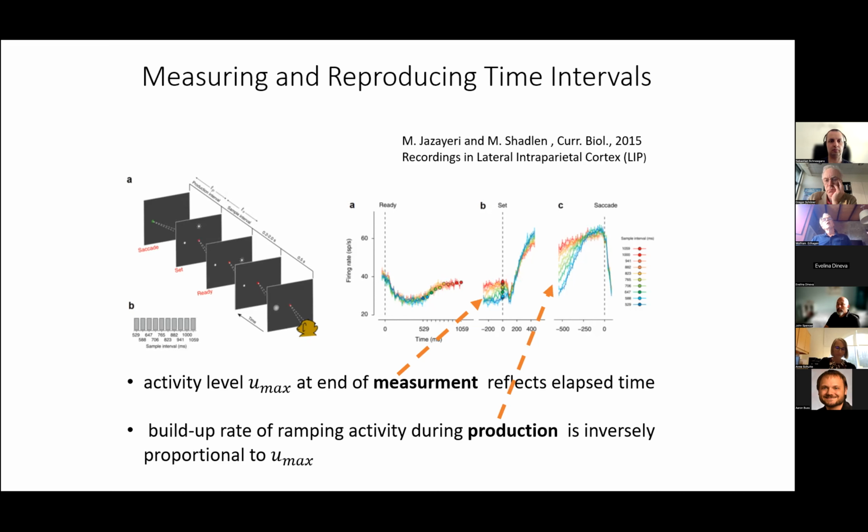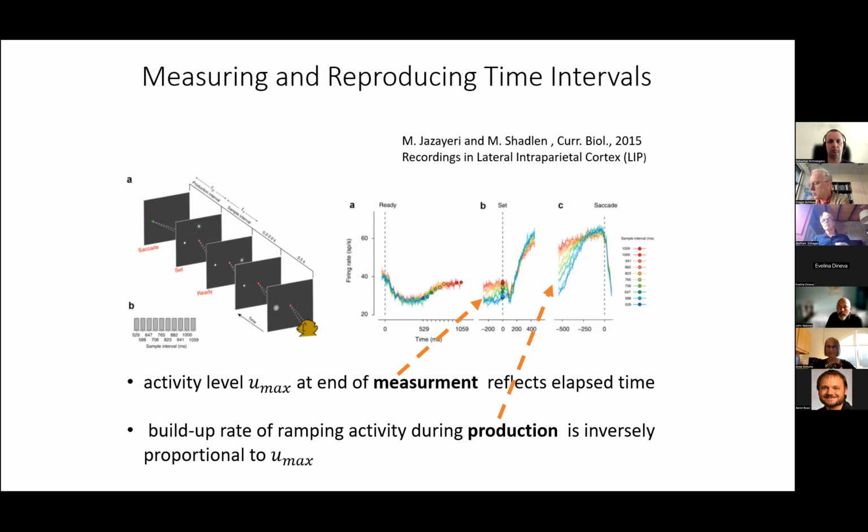So there are two cues. The initial cue starts the time interval, and then in the middle you have a second cue saying, okay, stop, this is the end of the measuring period, but this cue immediately serves as a cue for starting the reproduction interval. What they see is a ramping activity in LIP, and the activity at the end of the measuring period is proportional to the duration.